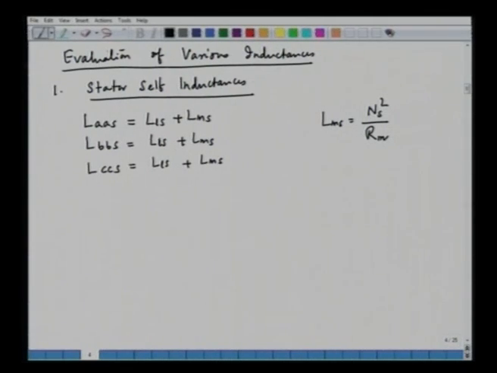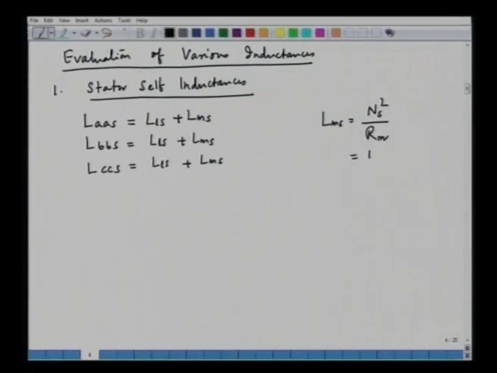The stator is a distributed winding, and whenever it is distributed, we always have the pitch factor and the distribution factor. So Ns is the effective number of turns which has taken into account the pitch factor and the distribution factor. If you multiply the actual number of turns by the pitch factor and the distribution factor, what you obtain is Ns, that is the effective number of turns.